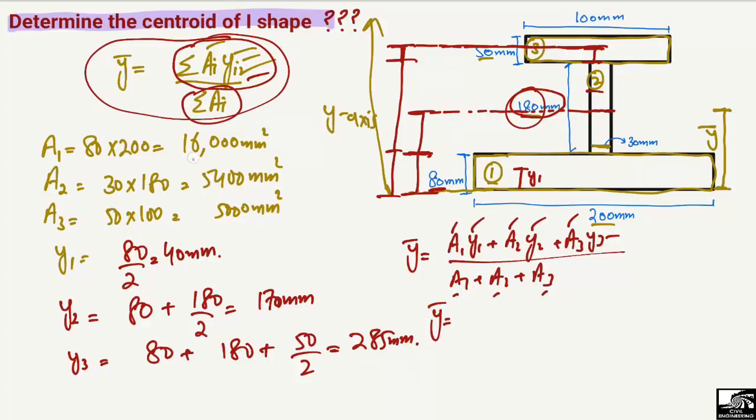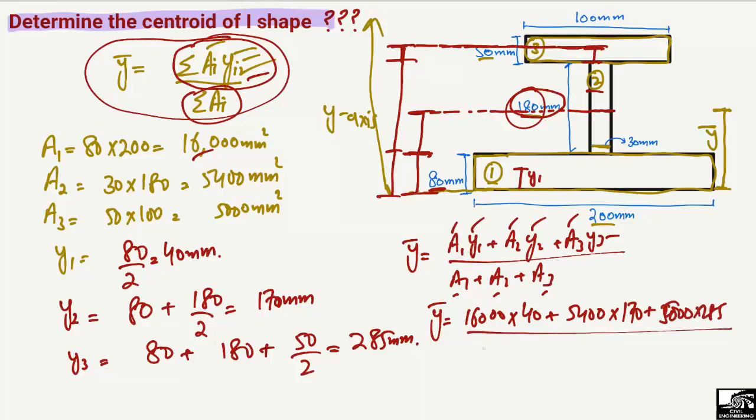So A1 is 16,000. I'm just putting all these values here. Then A2, 5400, times 170, plus A3, 5000 into 285, divided by A1 plus A2 plus A3.